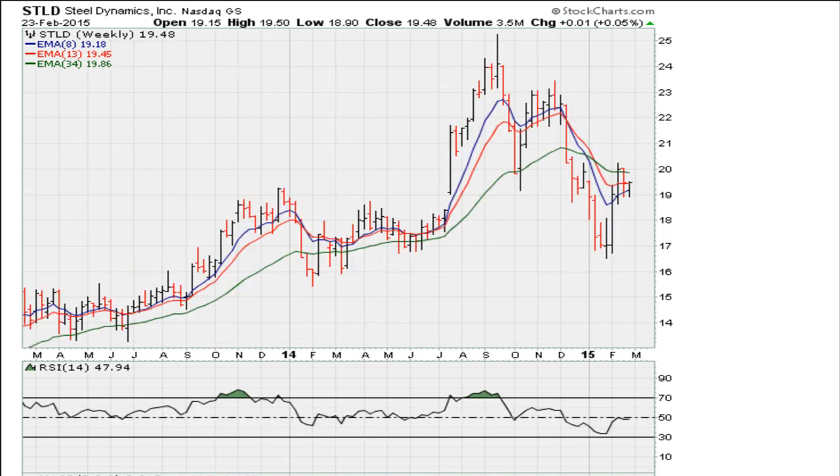All right, let's take a look at another idea, STLD, and we are taking a look at this slight move above that wedge. So there was a wedge there, and that gives us the entry level. That was good enough to take the stock from under 18 all the way to about 25. Not the biggest mover, but we can still use this as an example.